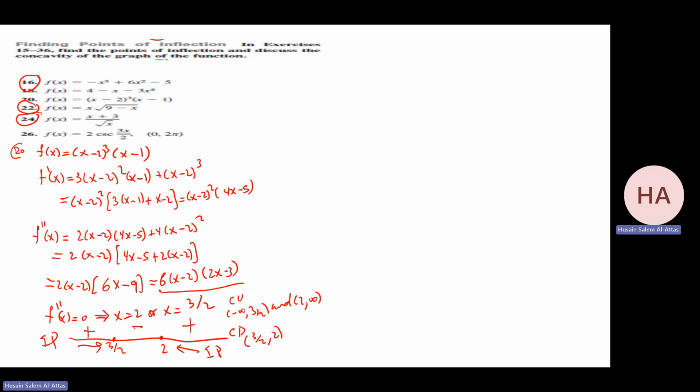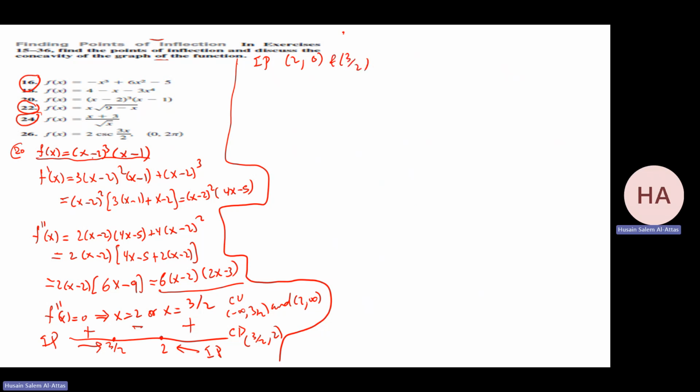So the inflection points will be 2 and 0, and 3/2, and substitute here, it will be minus half, that will be minus 1/8, times half, that will be minus 1/16.